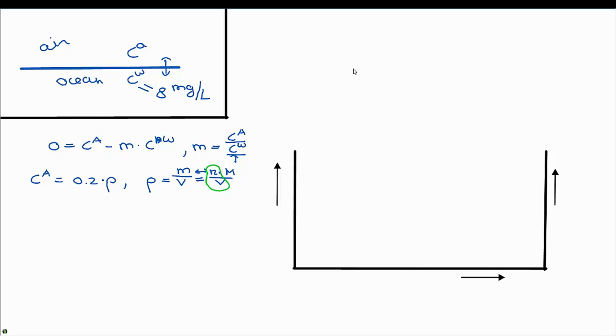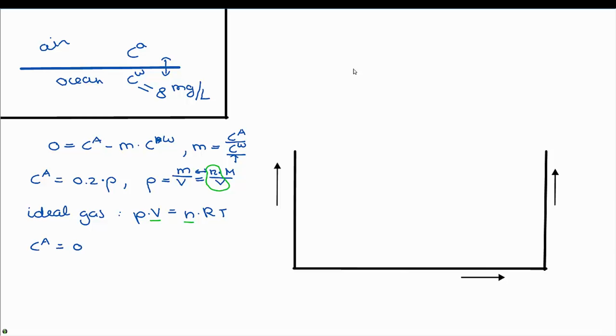This part is also included in the ideal gas law, which is this equation, and here I have my n over V. Since we're talking about a gas, we can use the ideal gas law.